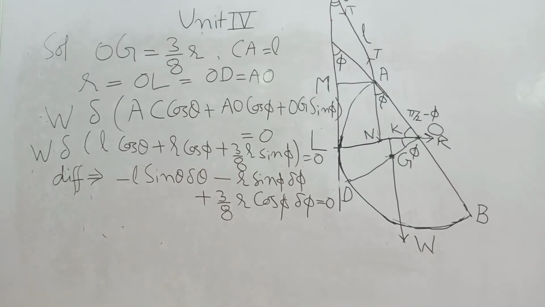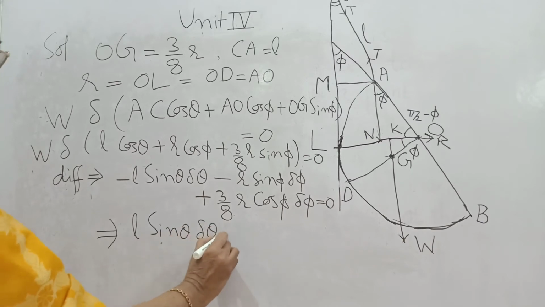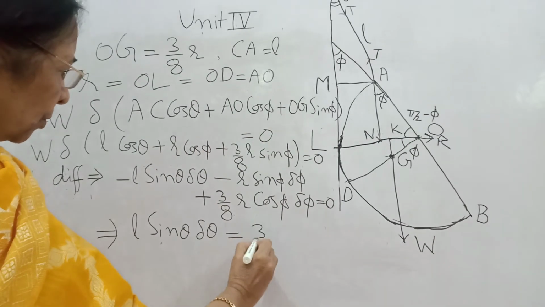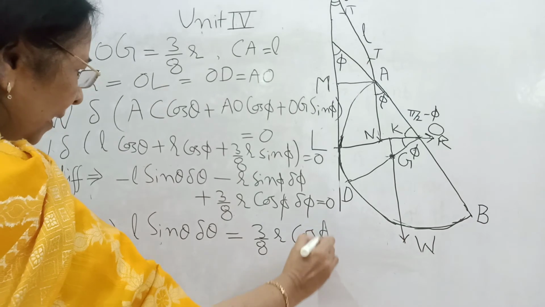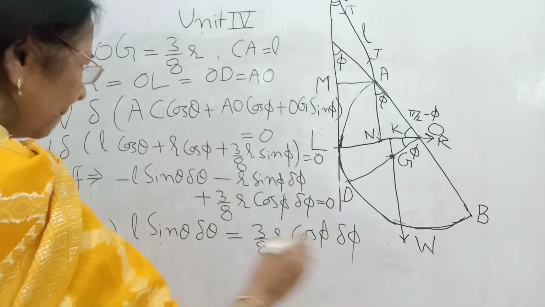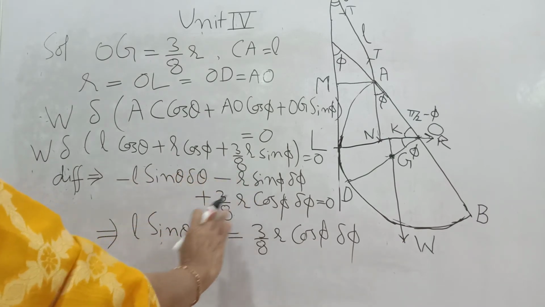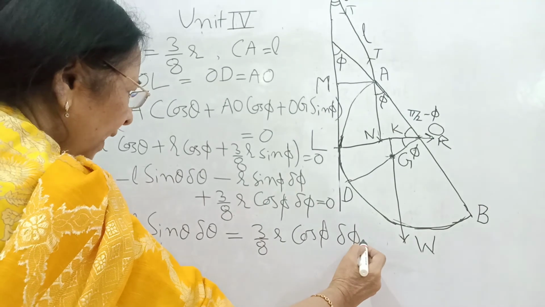Isn't it? Now this will give you the value of L sin theta delta theta is equal to, take it on the right hand side, 3 by 8 R cos phi delta phi minus R sin phi delta phi.